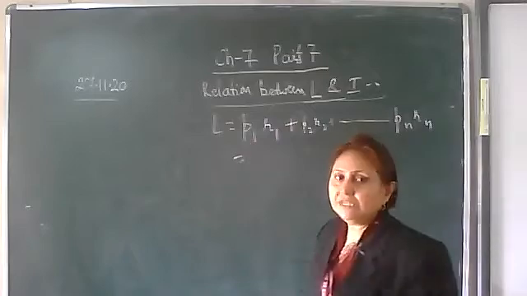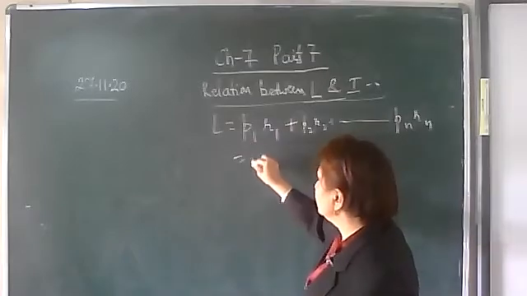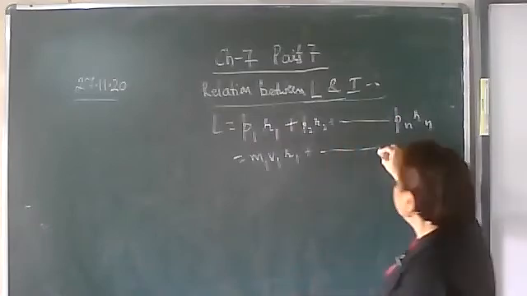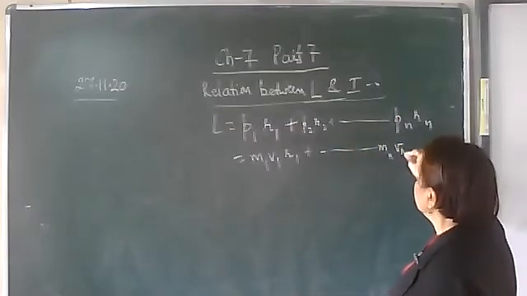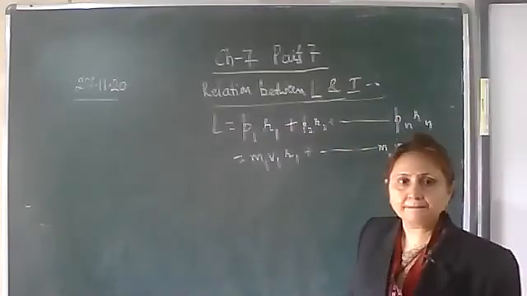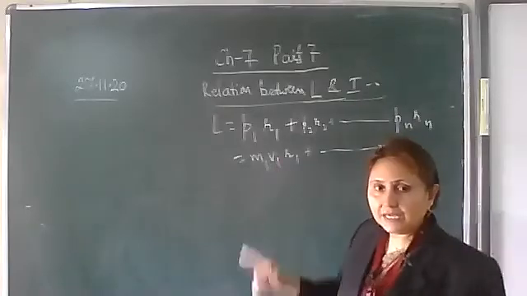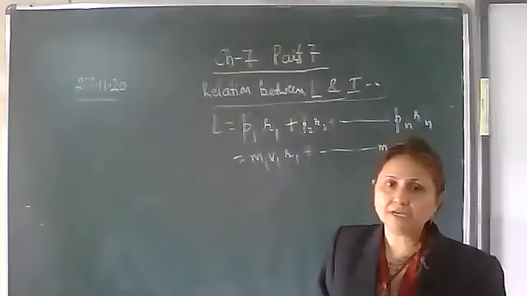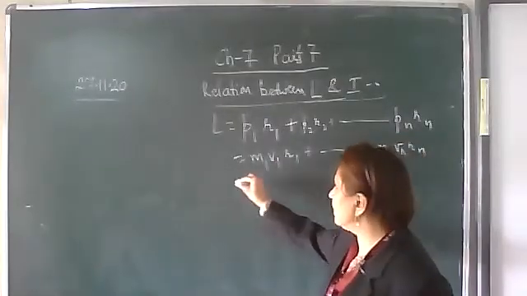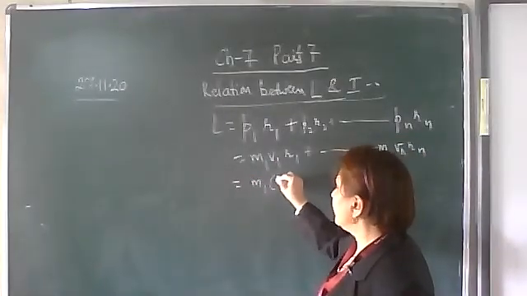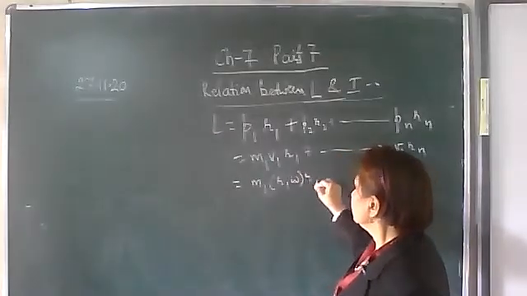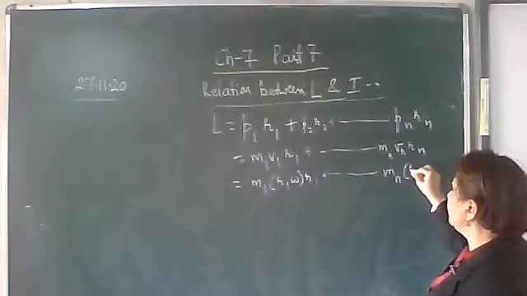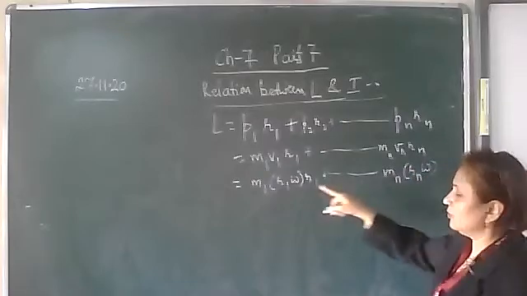and for the nth particle it is Pn into Rn. Now linear momentum is mass into velocity: m1 v1 r1. The same way for the nth particle, mn vn rn. Each particle's linear velocity is related to angular velocity: v1 is equal to r1 into omega, and the same way for the nth particle, vn is equal to rn into omega.